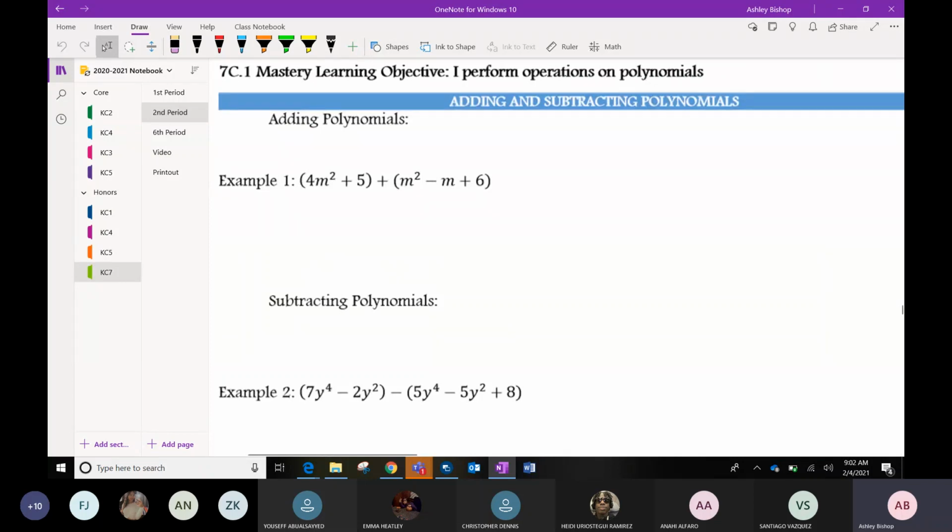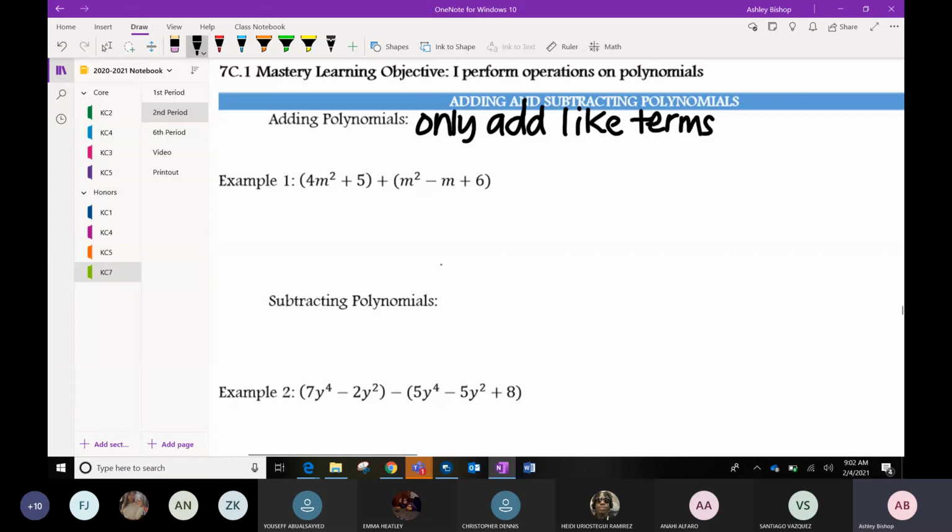When we add polynomials, we only can do math with their like terms. I'll show you what that means. But we only add the like terms.